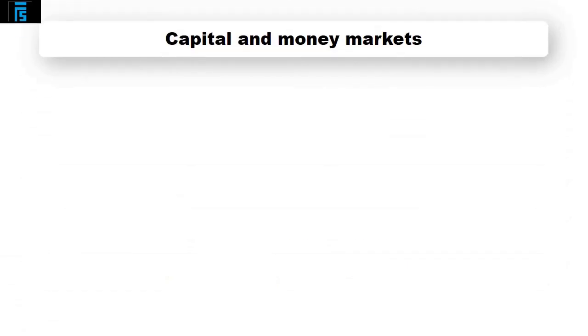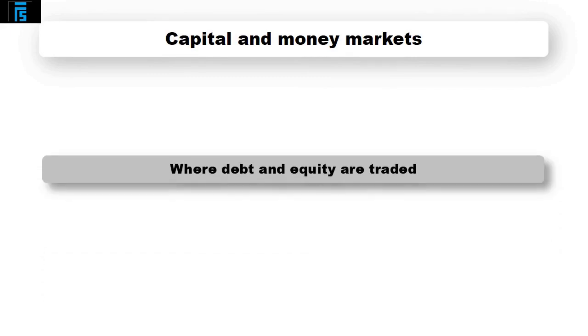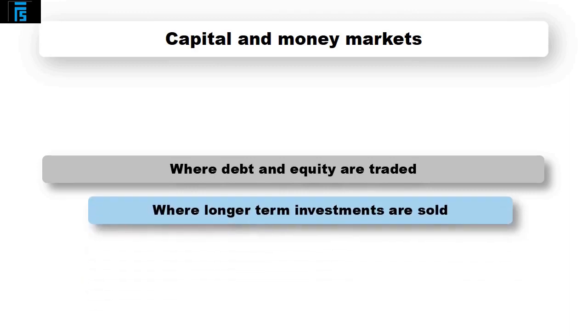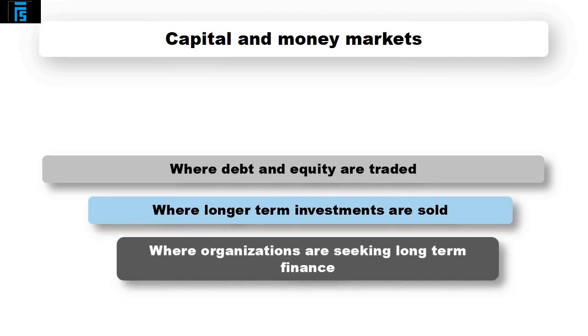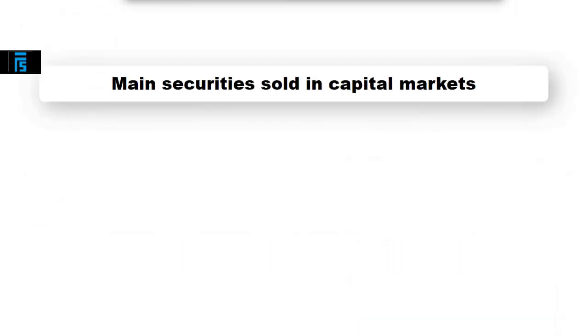Capital and money markets. So what are capital markets? They are where debt and equity are traded. They are markets where longer-term investments are sold. The organisations who seek finance from these markets are seeking long-term finance.